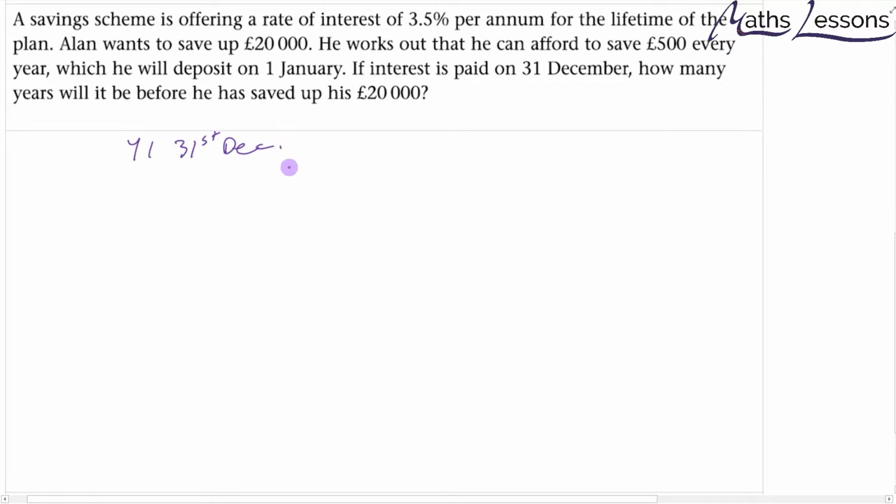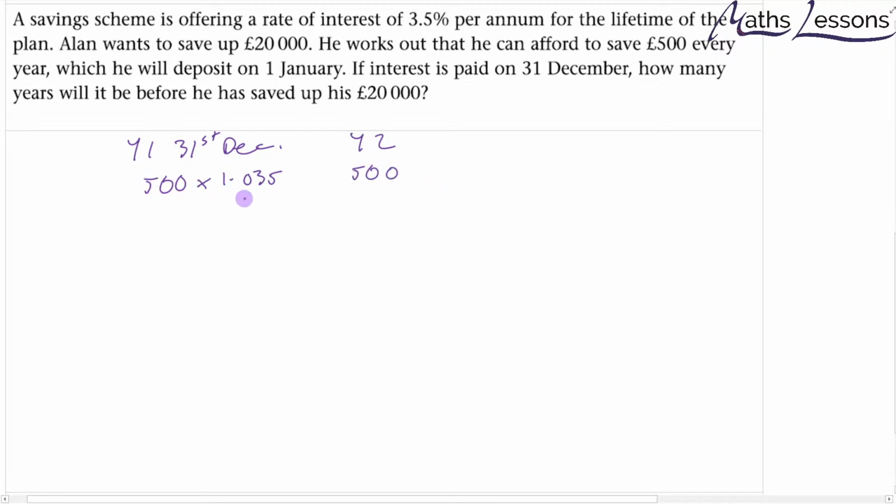Okay, and year one, the 31st of December, you'll have the £500 in, but also it'll have had the interest paid on it. So it'll be times by the 1.035. So that's how much is in the account on the 31st of December, year one. Then on the 31st of December, year two, there's going to be another £500 added on.